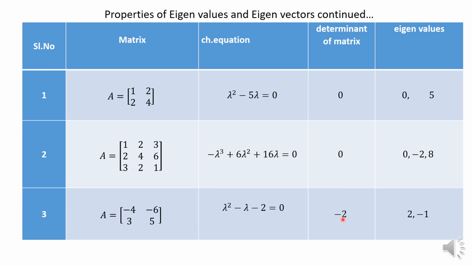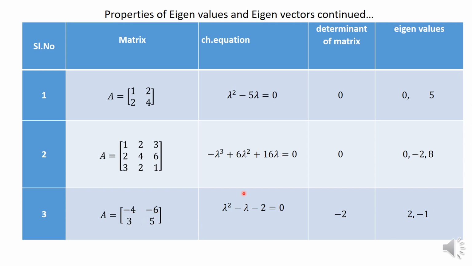Note that the determinant value is not 0 here, which means this matrix is not singular. If I solve the equation lambda square minus lambda minus 2 is equal to 0, you will get the two values 2 and minus 1, which are nothing but the eigenvalues for the matrix A.